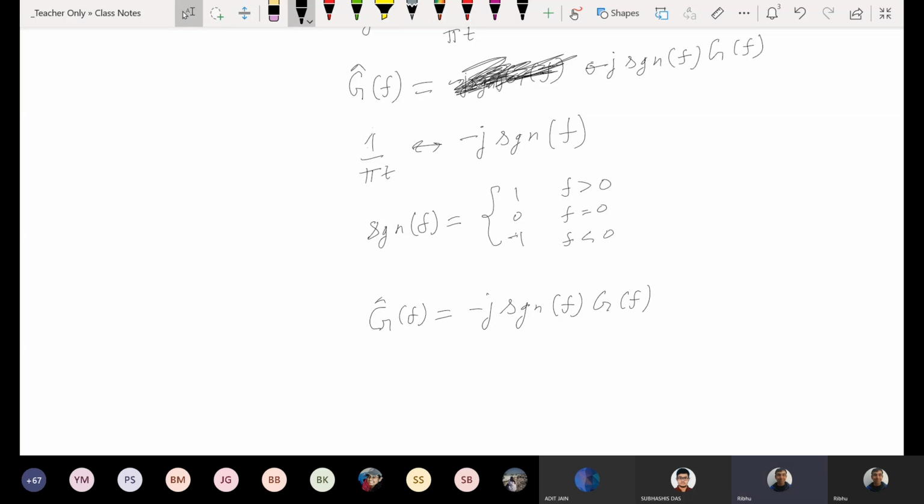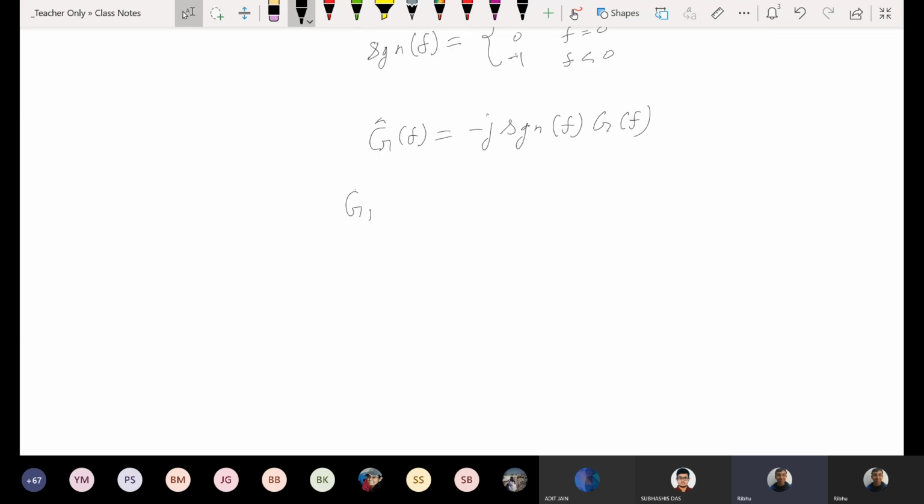Fine. Based on this, let's say I define a signal g plus of f, as the sum of g of f and g hat of f.